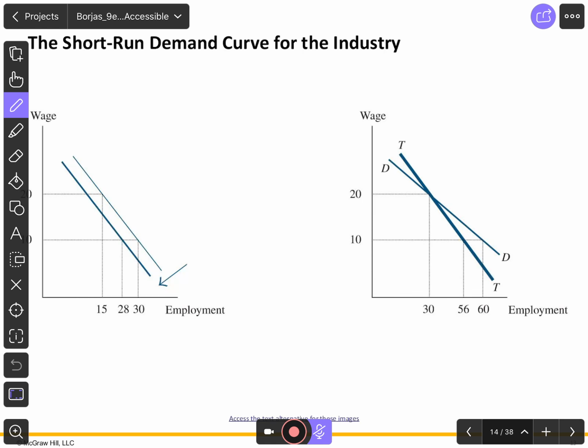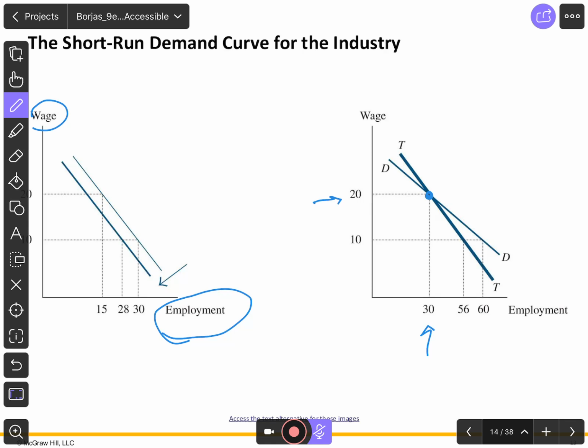The short run demand curve for workers, like any demand curve, has the number of units demanded. Here we have workers versus how much you're paying, which is the wage. So it's a negatively related relationship. For example, at this point here we have 30 workers hired and they are paying $20 per hour, right?